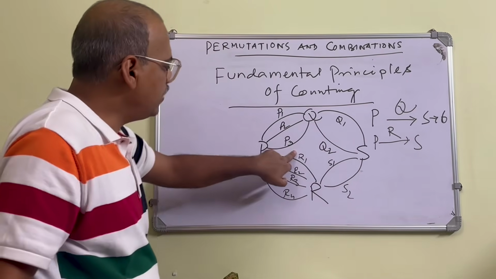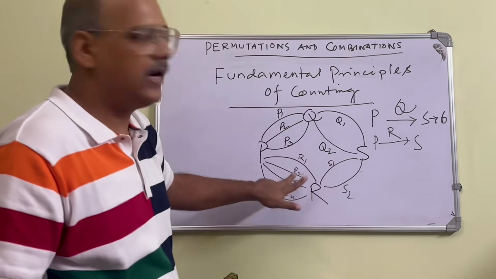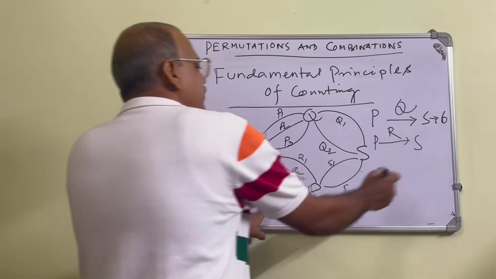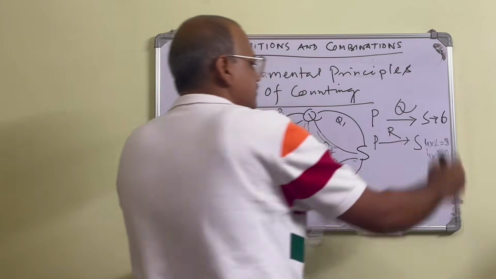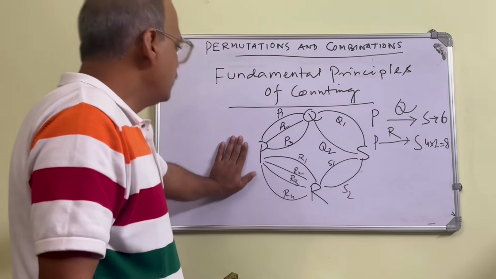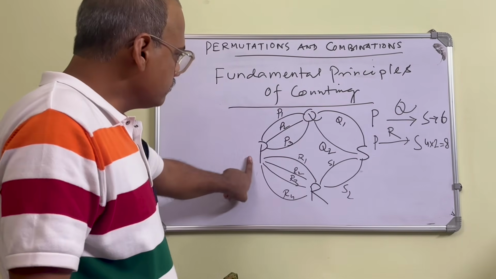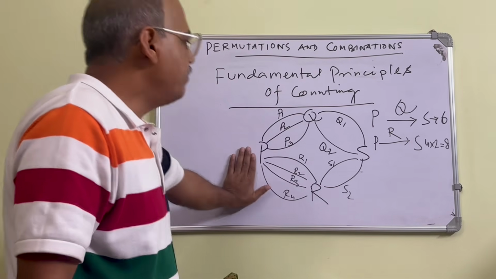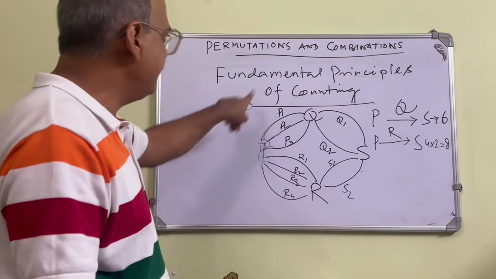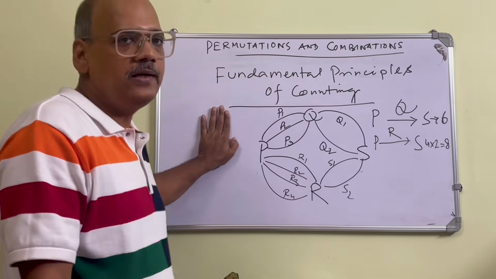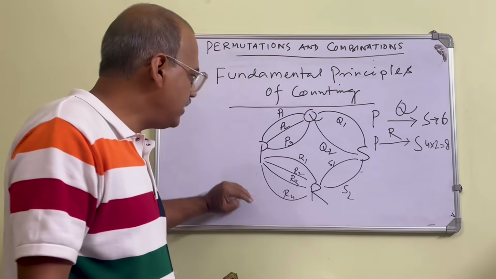So for R1 I do have 2, for R2 2, R3 and so on. So there will be 4 times 2, 8 ways. Okay. So in this example we can define both fundamental principles of counting, multiplication as well as addition.